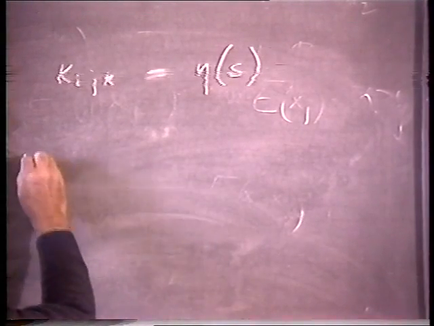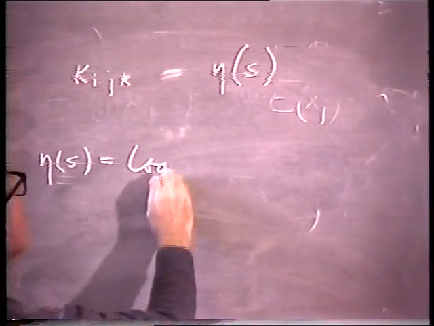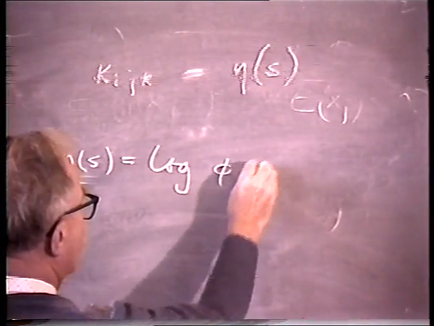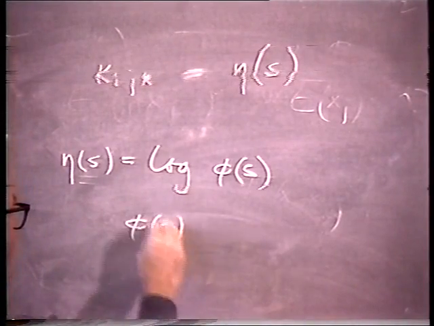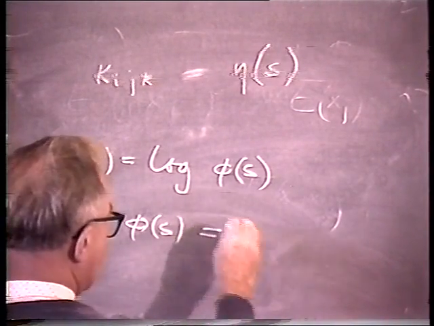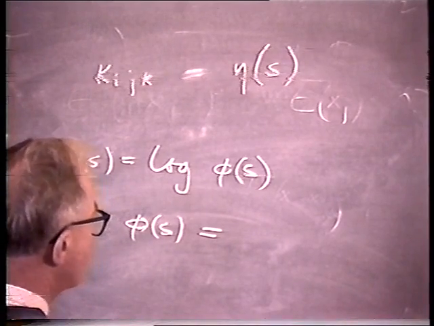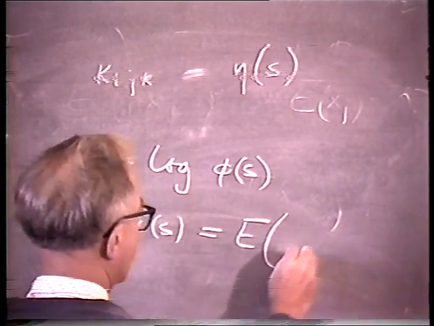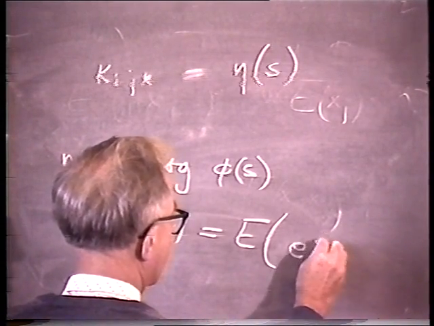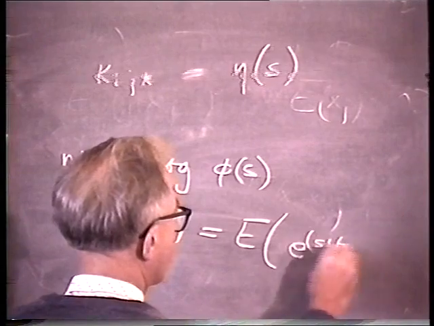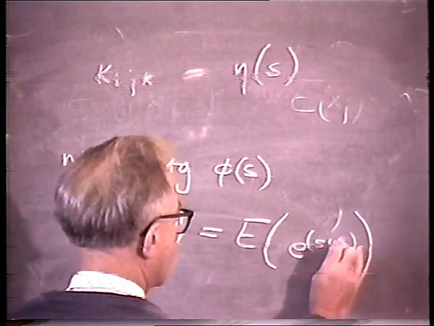Eta s was log phi s, which phi s was the moment generating function, in other words, the expectation of e to the s prime p.